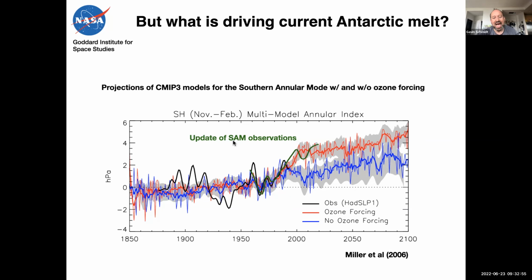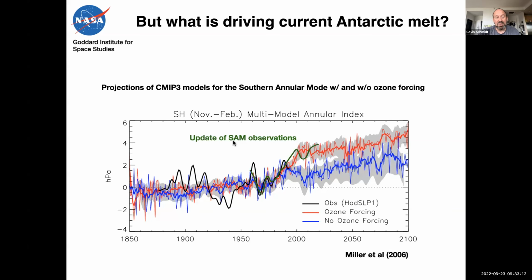And so over this period, both the ozone depletion and greenhouse gases, particularly CO2, are working in concert, pushing the southern annular mode towards a more positive phase.